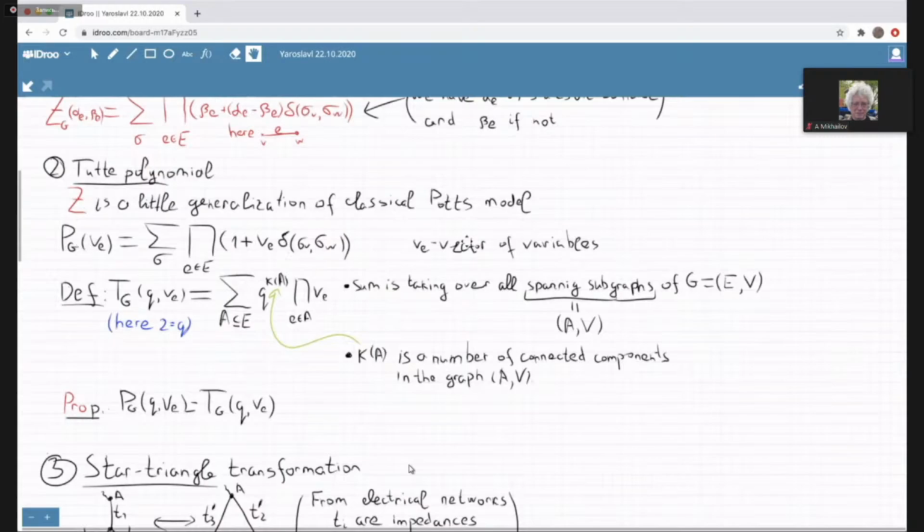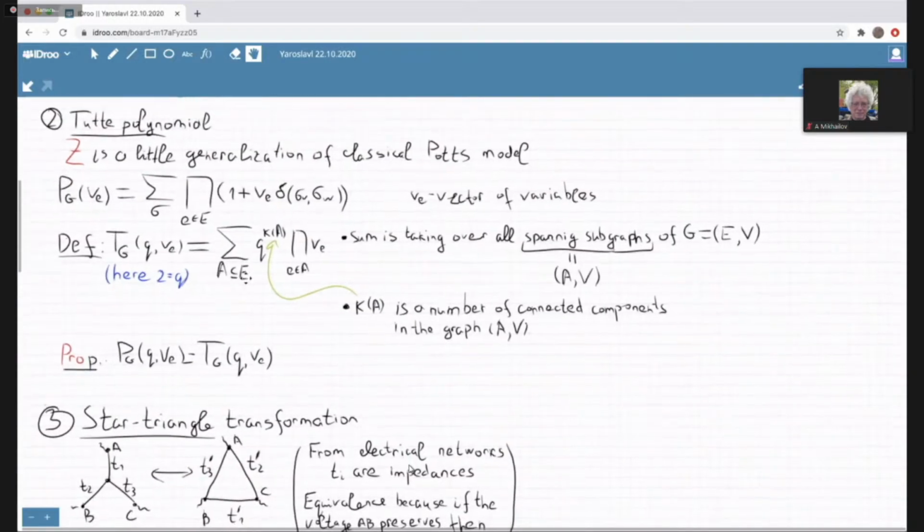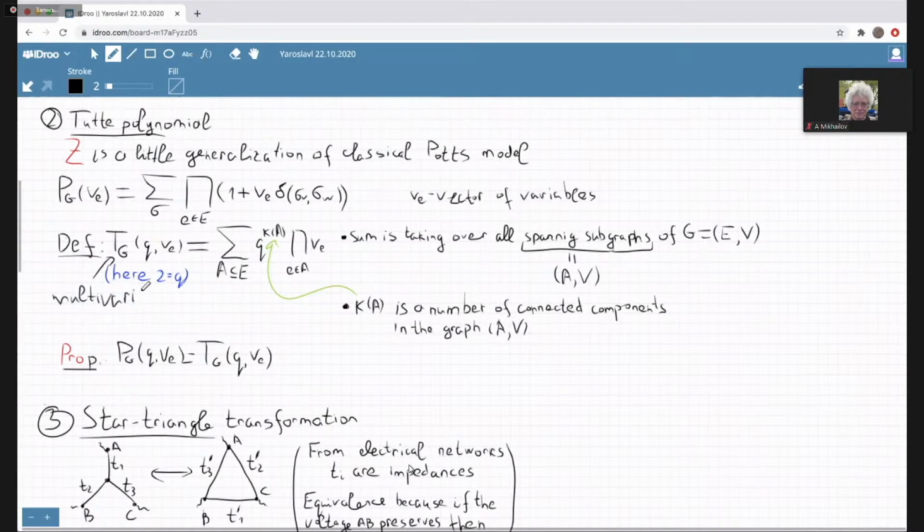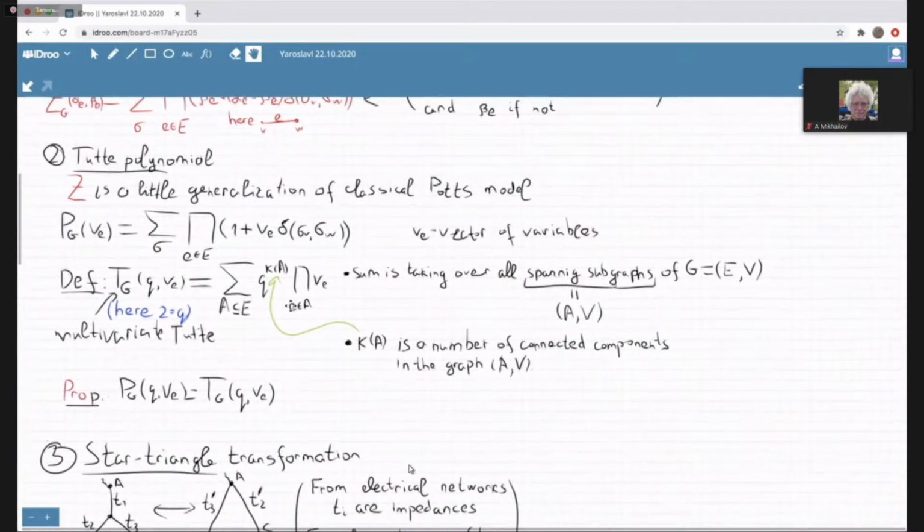We have a vector of variables, so we have infinitely many variables, and this T is a so-called multivariate Tutte polynomial. It's not just the ordinary Tutte polynomial. Okay, maybe more questions about the definition so far.